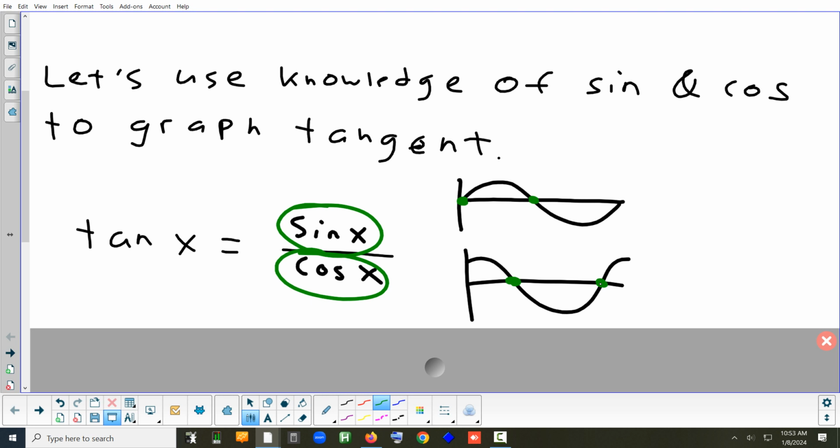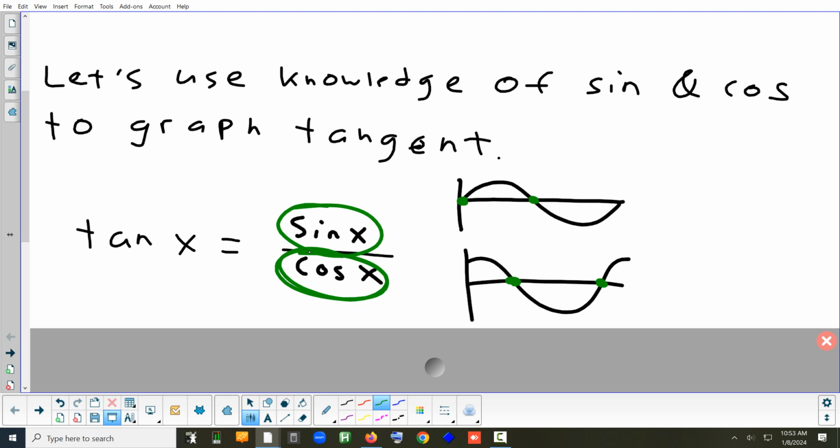So that means that there are points in the tangent function where the bottom comes out to 0, because the bottom is cosine, and cosine can come out to 0. So what would that mean if you have a fraction and the bottom would be 0? Undefined.